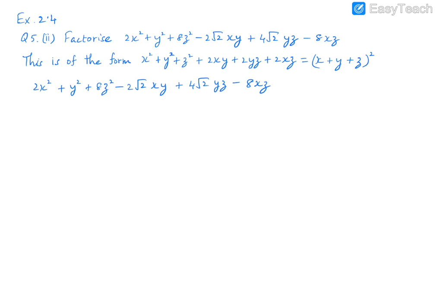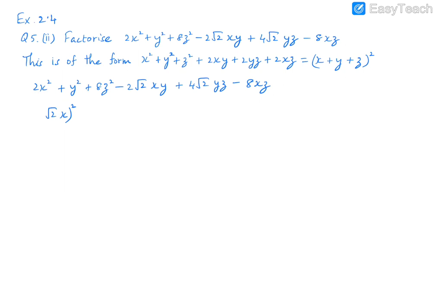Now we can write the first term 2x squared as root 2 times x the whole square. So when we square root 2 times x, root 2 square is 2 and x square is x square, so we'll get 2x squared.